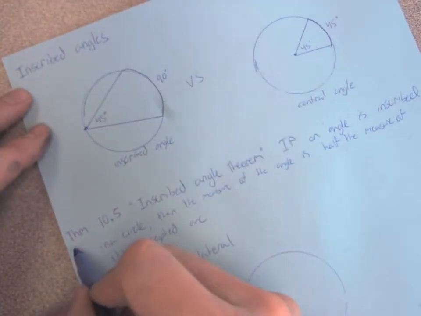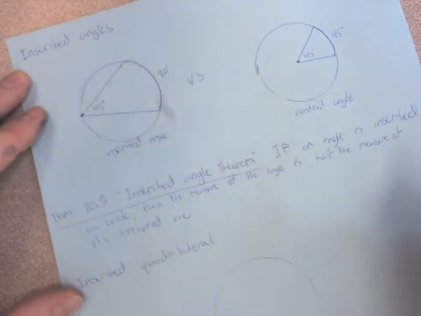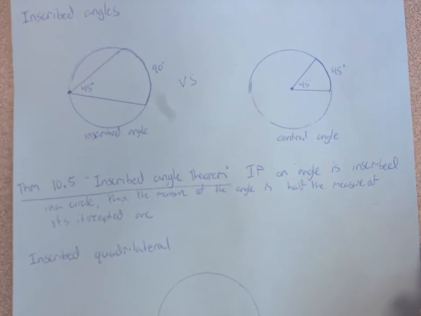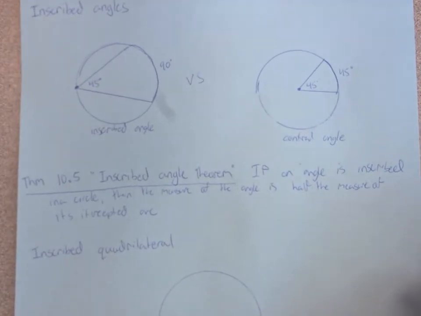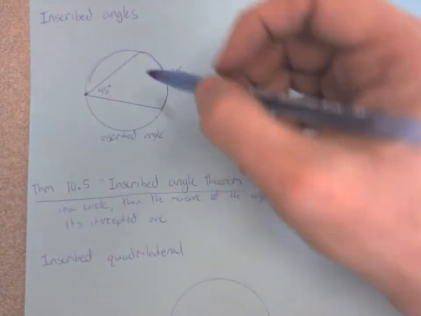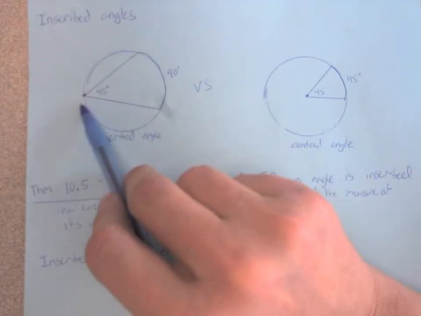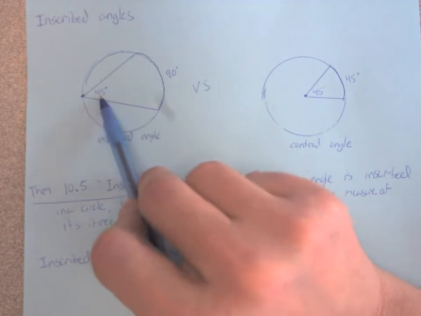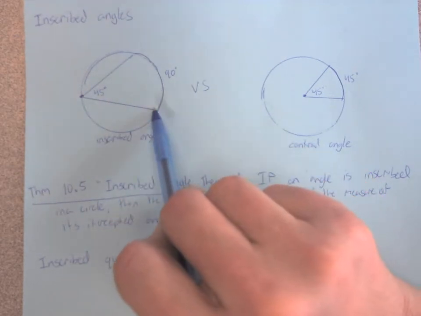Okay, so I'm going to underline this so it stands out a little bit. If an angle is inscribed in a circle, then the measure of the angle is half the measure of the intercepted arc. So in this case, what it's saying is if this angle is inscribed in a circle, which it is, then its measure is half of the arc, the intercepted arc.